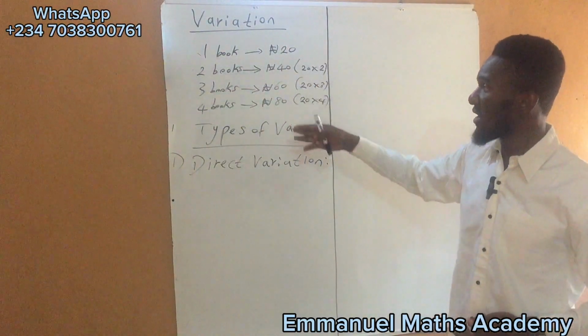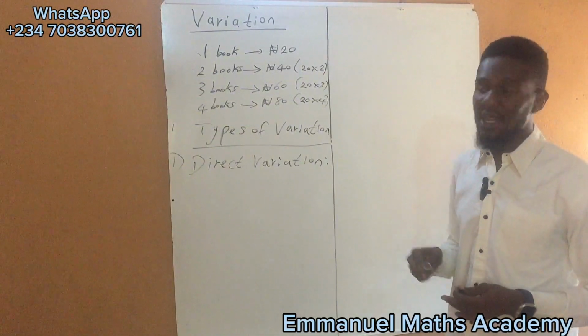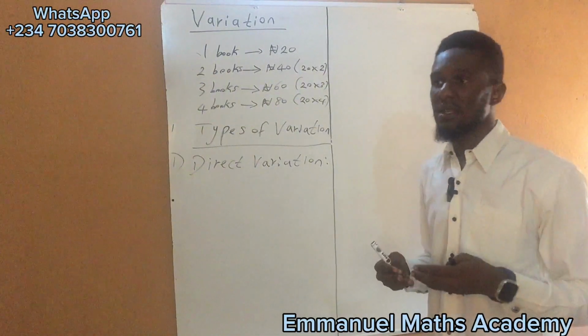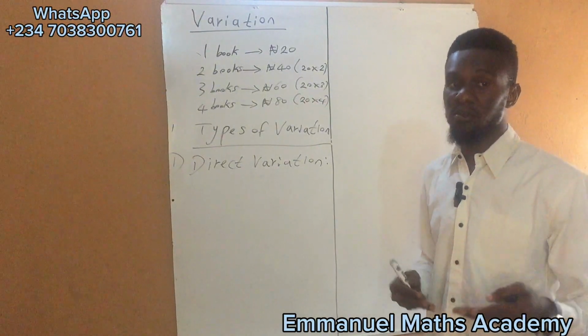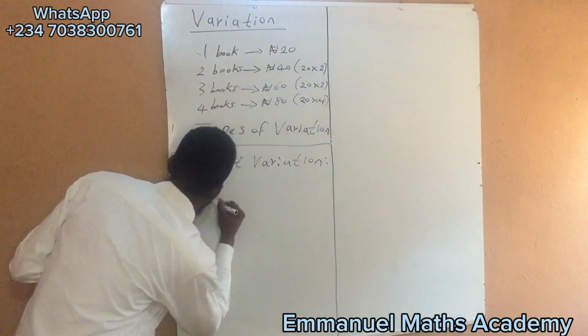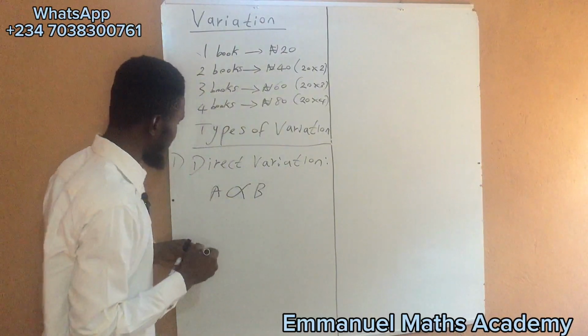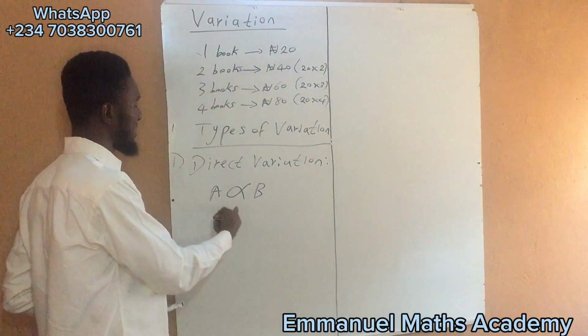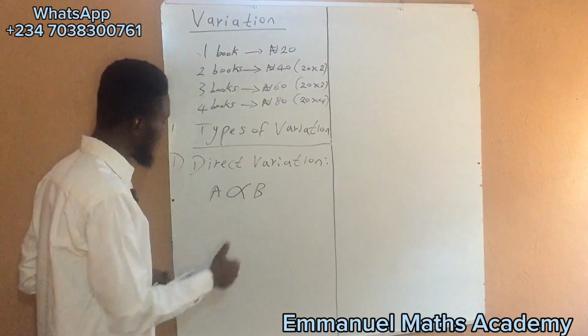It is given as, let's assume, A is directly proportional to B. This is the sign of proportionality.